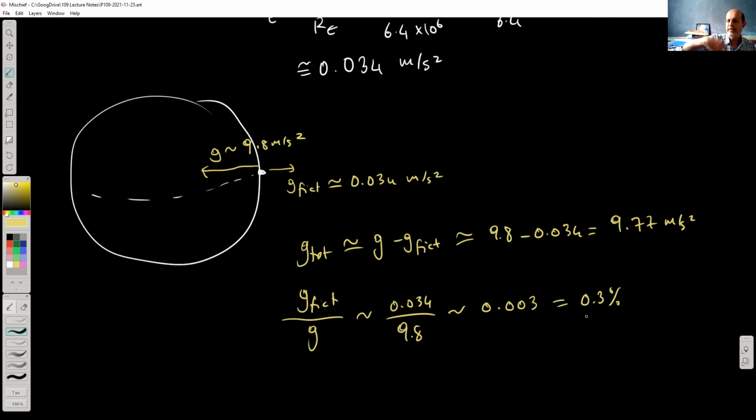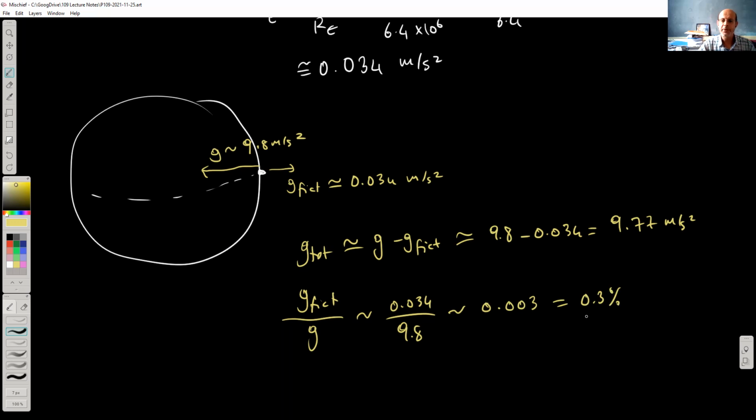So the correction that this fictitious gravity introduces is even less than 1%. So that means if you're doing some kind of a simple calculation for your labs, for example, and if the errors of your measurements of distances and velocities and things like that are like 1%, then this thing has no effect on your measurements, right? You can safely neglect this.